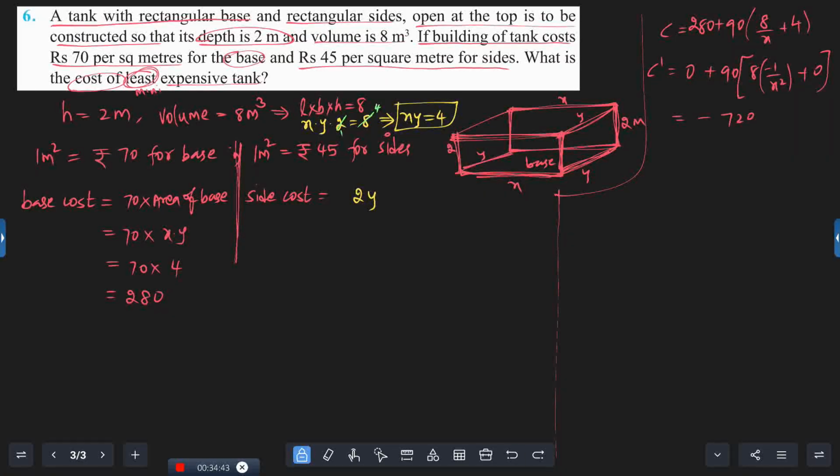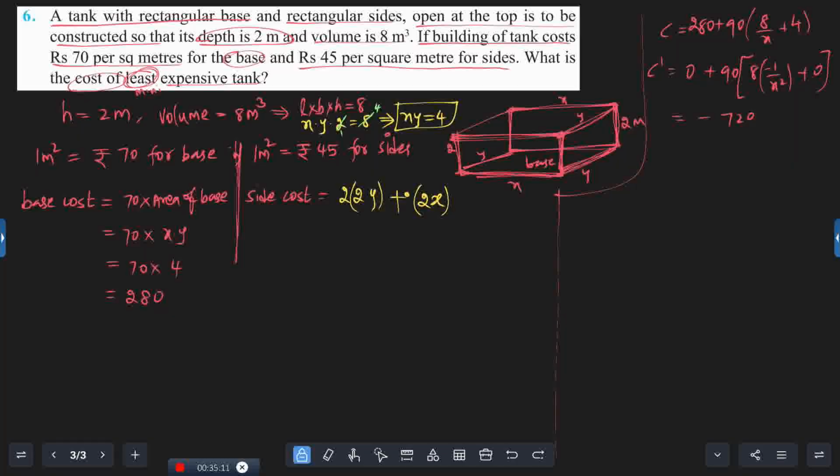Then how many times? 2 times. So 2 times of 2y plus one more side. This one: length will be x, height will be 2. So x into 2, that means 2x. But the same thing you will be getting on this side also, so 2 times.